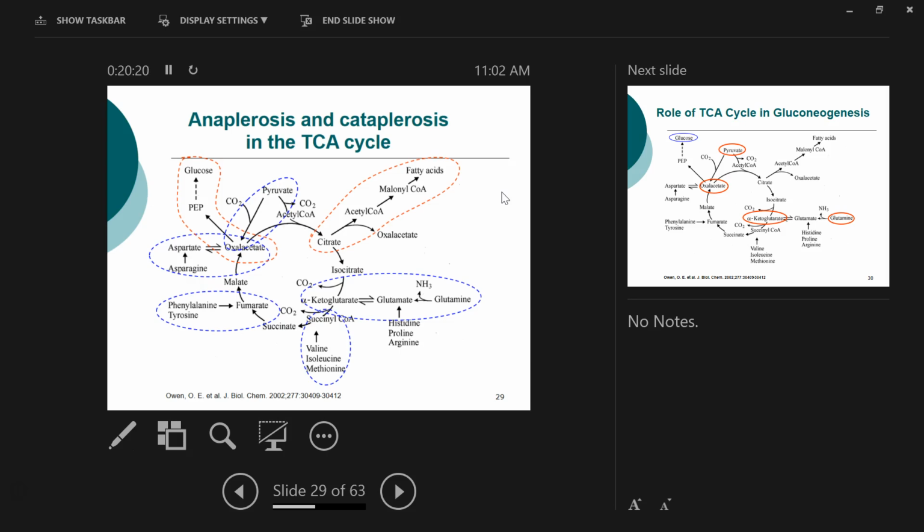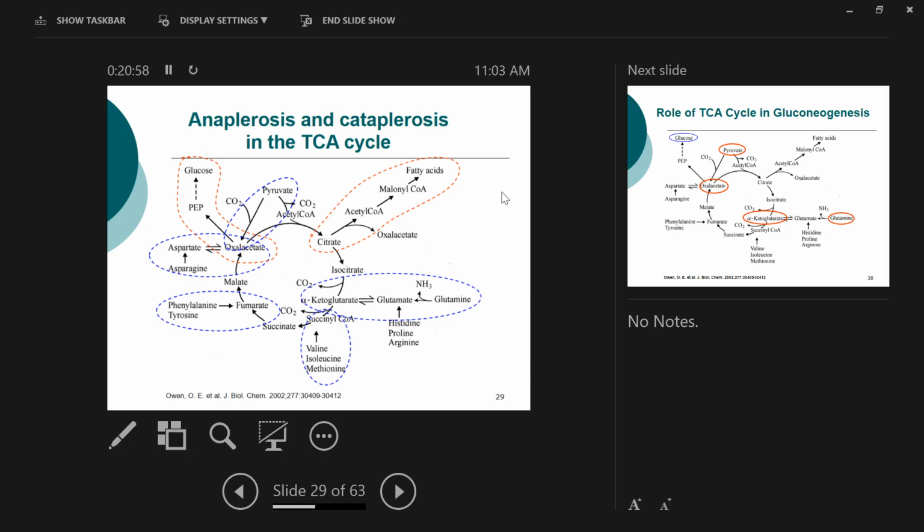And citrate can usually be taken away from the TCA cycle and converted to acetyl-CoA, and the acetyl-CoA eventually can enter the fatty acid synthesis pathway for synthesis of fatty acids. So this pathway basically takes the citrate away from the TCA cycle, which can cause a reduced concentration in the pool of TCA cycle intermediates.